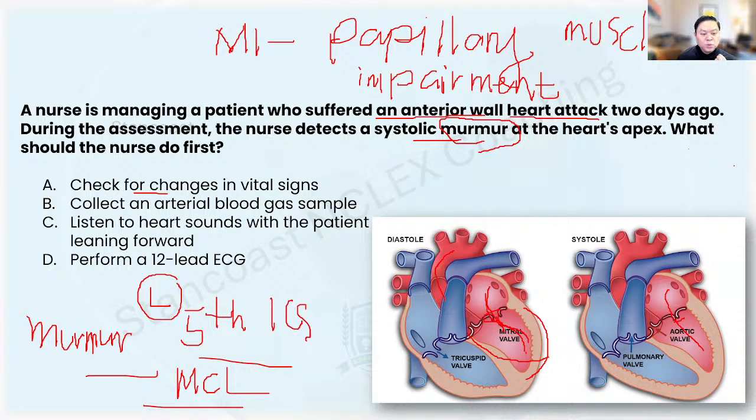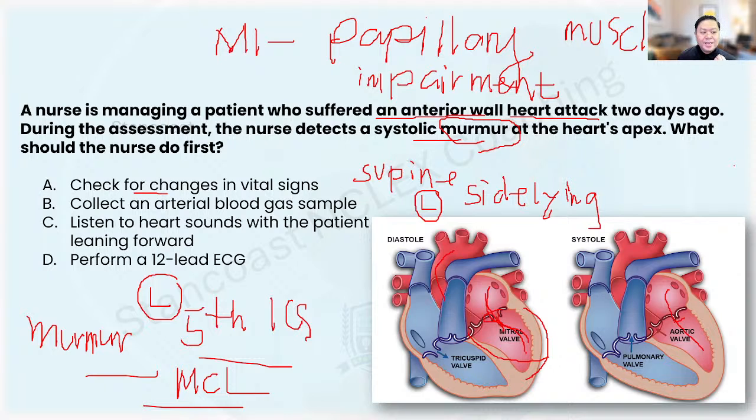So the swooshing sound or the murmur will be more heard whenever the person is in a supine position or when they are in the left side lying, because it favors that left side lying position. Okay, don't forget about the location, left fifth intercostal space, mid-clavicular line, and will be much more pronounced if the patient is on the supine or left side lying position.